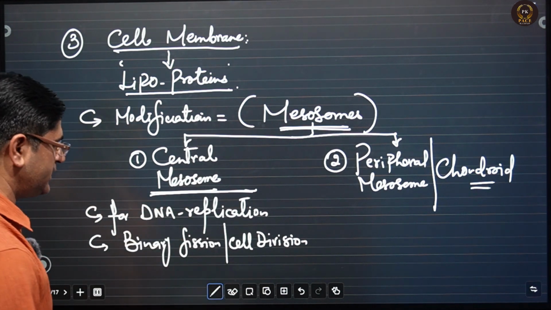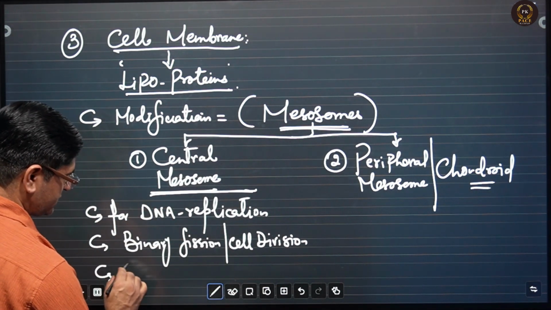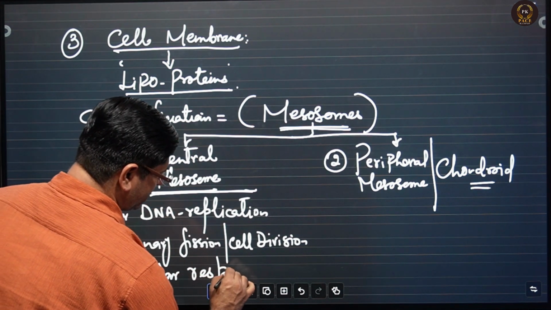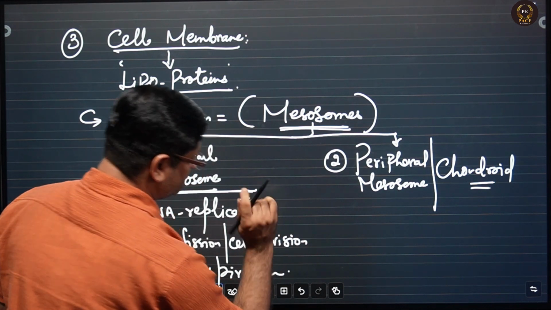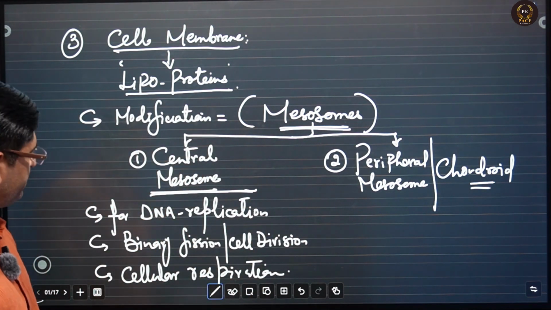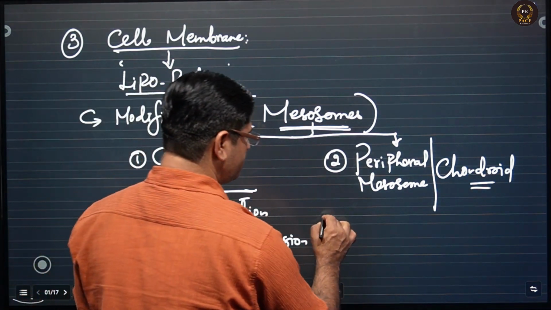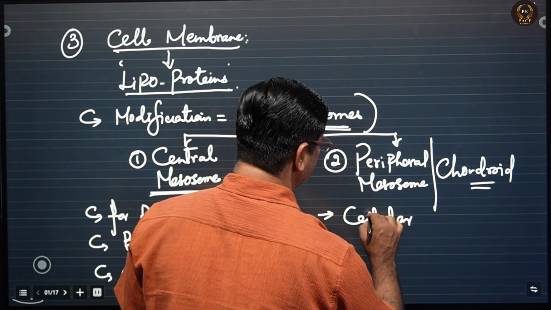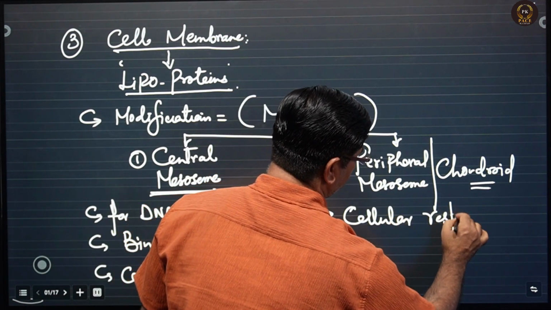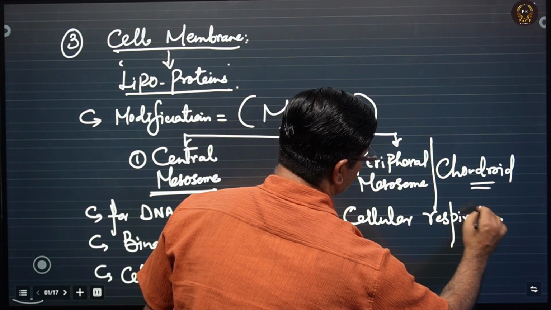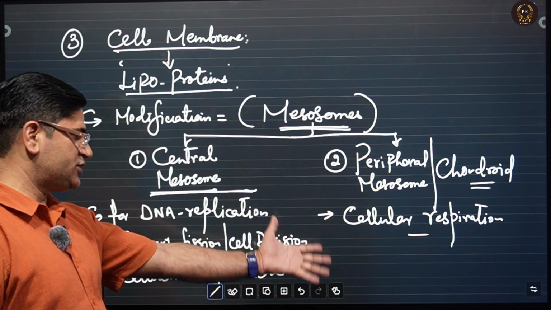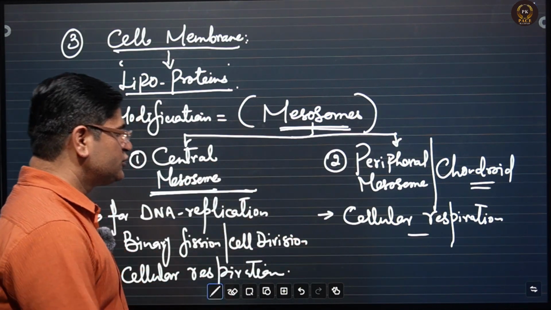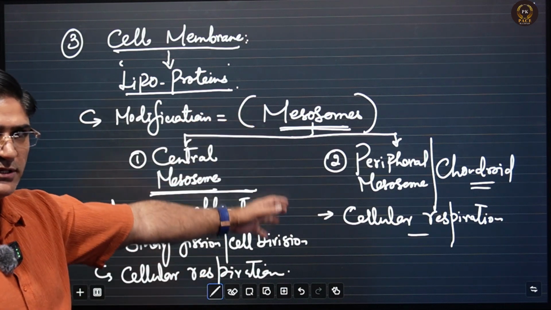Also, it is responsible for bacterial cellular respiration. In the same way, the peripheral mesosome is responsible only for cellular respiration. It is not involved in DNA replication or cell division. So this is the thing to remember about mesosome functioning.